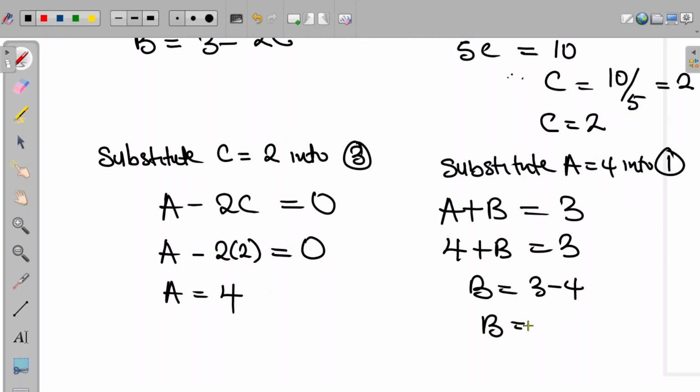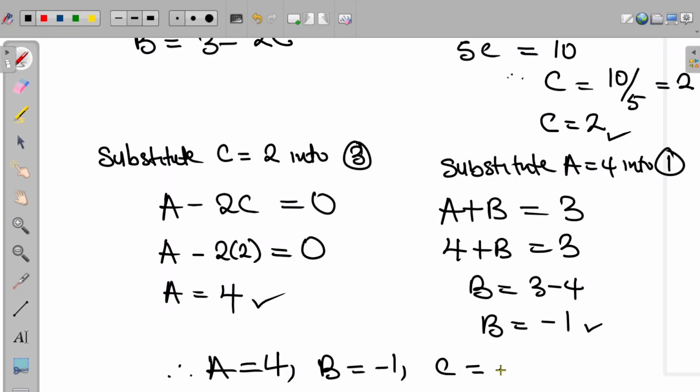So b is equal to negative 1. Now we have obtained a to be equal to 4, b to be equal to negative 1, and c to be equal to 2.